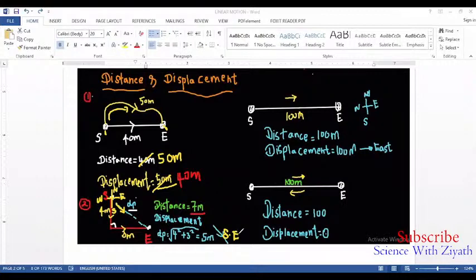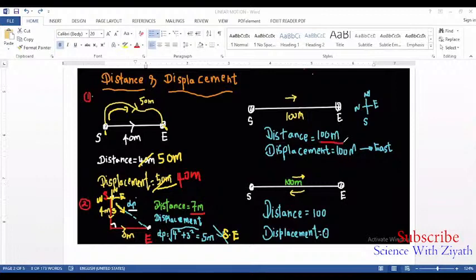A very important thing that I am going to talk about now: loads of people are confusing this. Look at this one. This object is moving from the starting point to the ending point, and it moves 100 meters. If it moved 100 meters, the distance would be 100 meters.